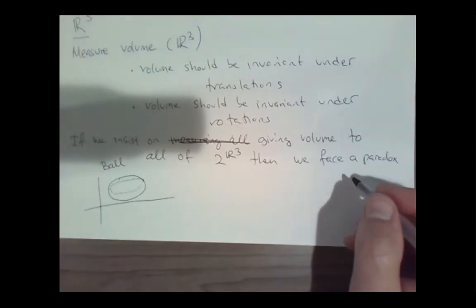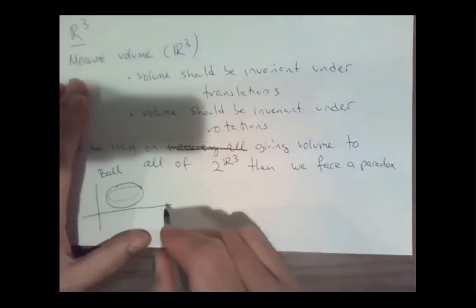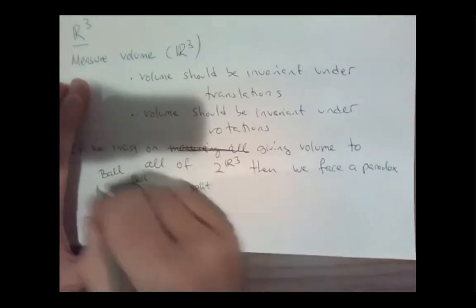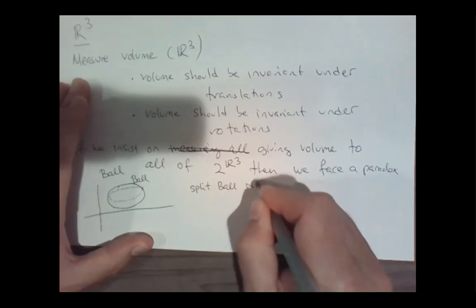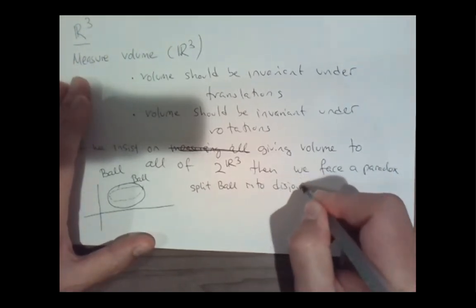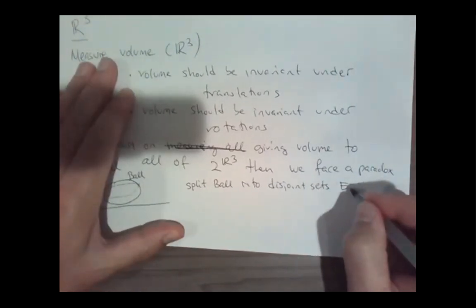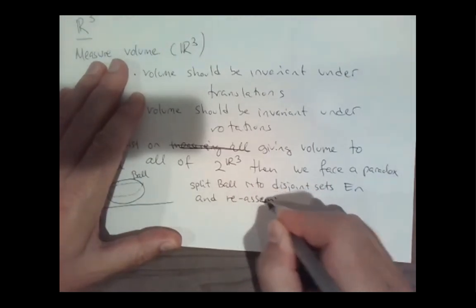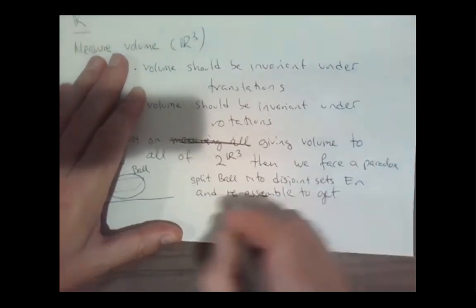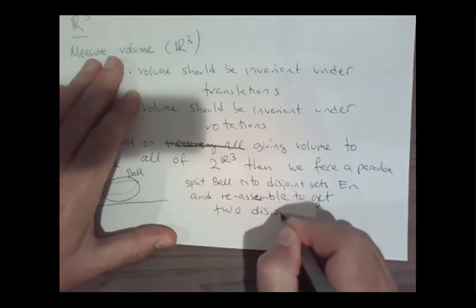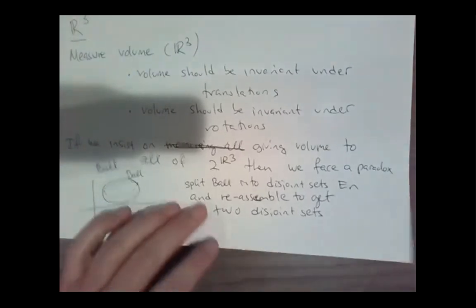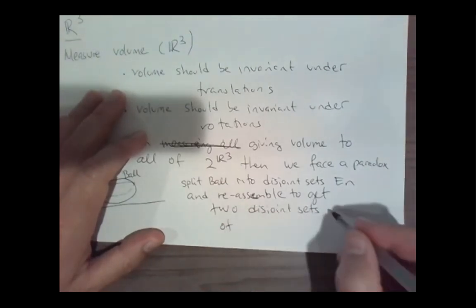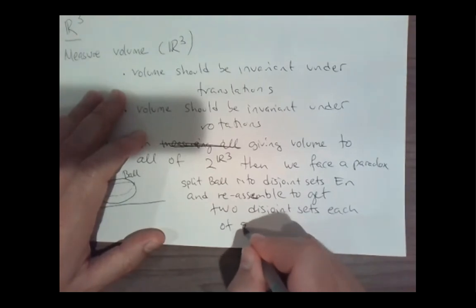What I can do is I can chop this ball up. I can split this ball, let's call it B, into disjoint sets, and reassemble to get two disjoint sets, each of size ball.